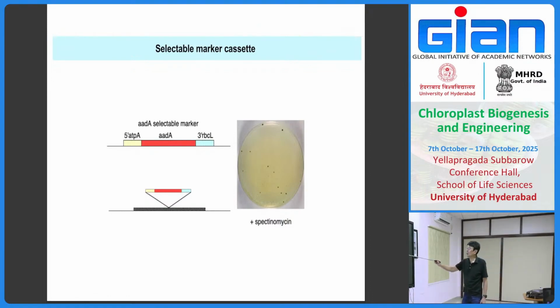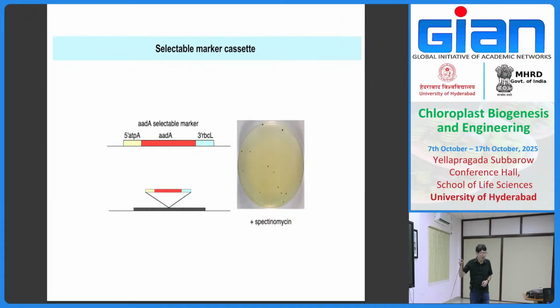But the 3' region can be deleted. We know it's possible, but we don't know whether the efficiency will increase or decrease, probably decrease. So usually we use this, but for a specific reason, if we don't want to use the 3' rbcL, we can remove this part because it is not essential.